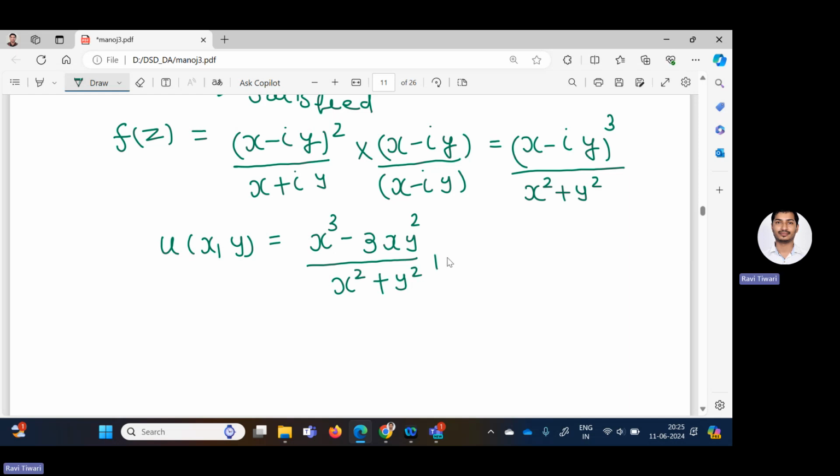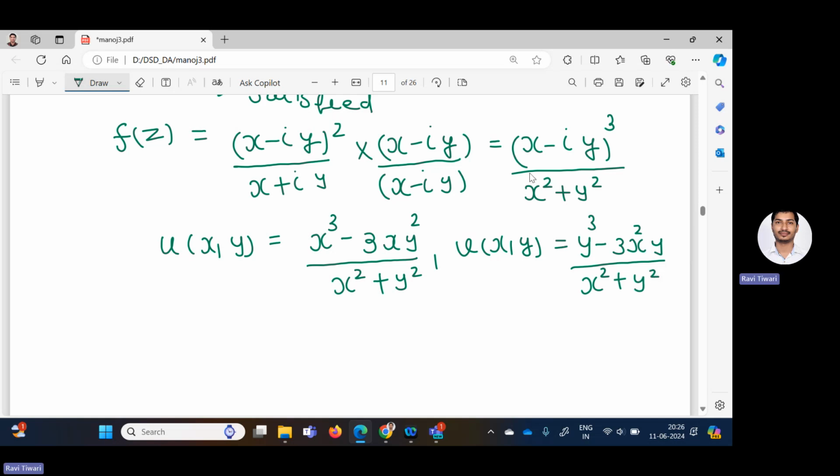And the imaginary part, v of xy, you will get y cube minus 3x square y, by x square plus y square.